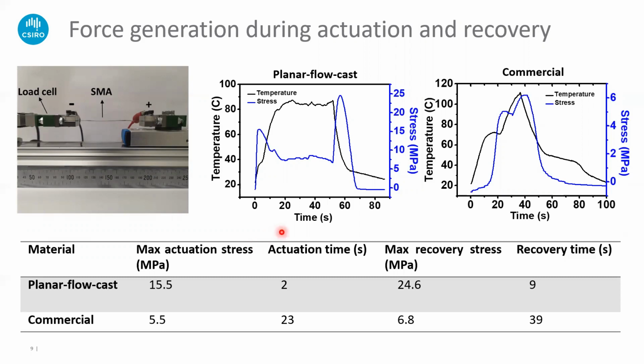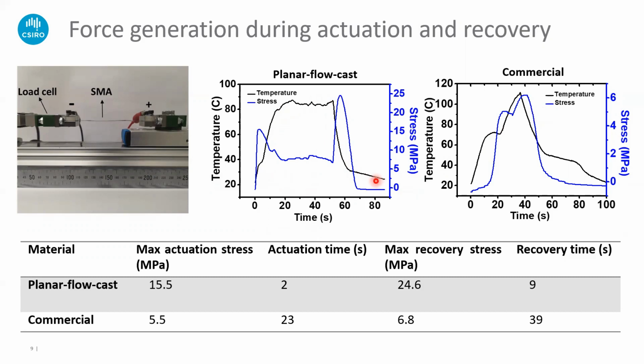And here are the two plots showing the stress and temperature versus time. We can see that both the planar forecast material and the commercial one have two peaks in the stress. One is when the temperature increases and the other one is when the temperature comes down.